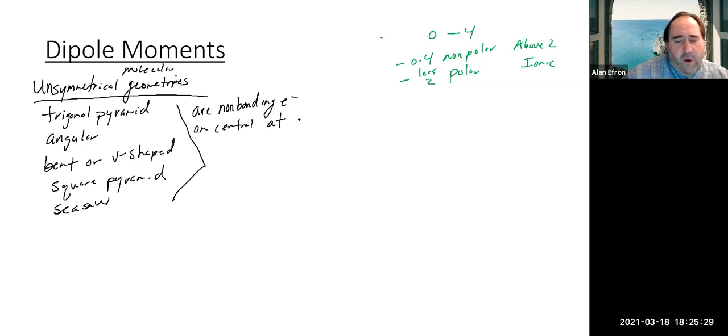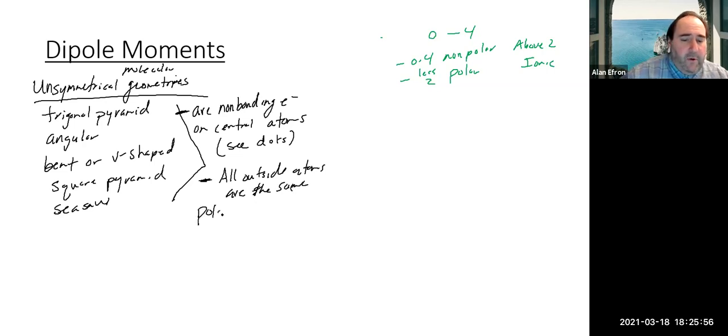So that means when you draw your Lewis structure, you will see dots on the central atom. And kind of like our other guy, if you draw a Lewis structure and you have dots on the central atom and all of the outside atoms are the same, you're probably going to end up with a polar molecule, a pretty safe bet on that.